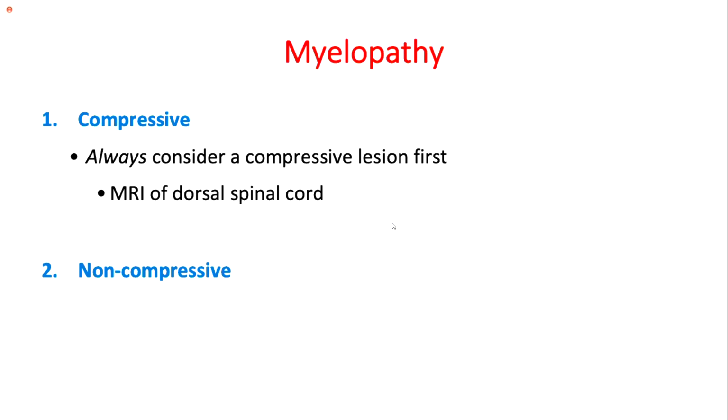You have to do it urgently. So you go and speak to the radiologist and get an urgent MRI done. Okay. Once you have ruled out a compressive lesion, that is when you consider non-compressive lesion. And what I'm going to talk to you today is about non-compressive lesion, and hopefully tomorrow, Dr. Stravinsky Pereira will talk to you about non-compressive lesions.